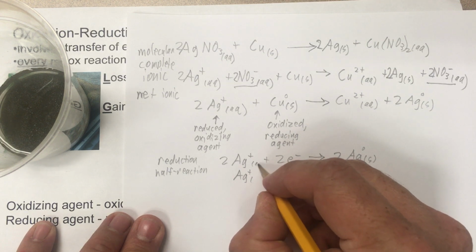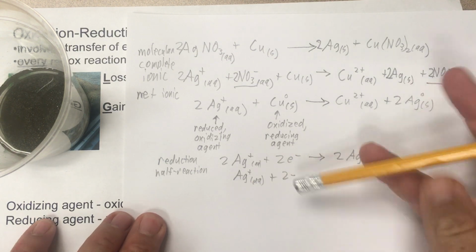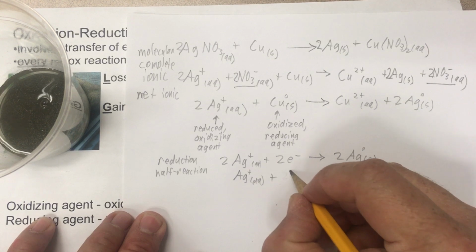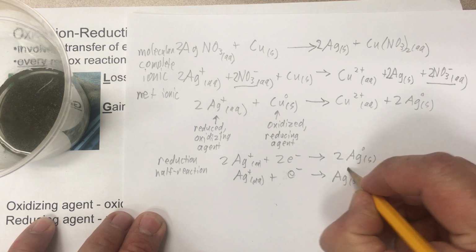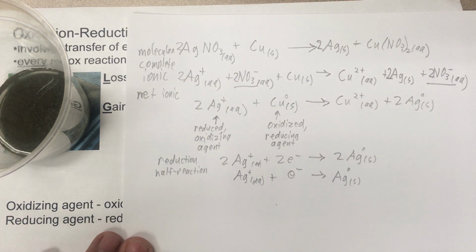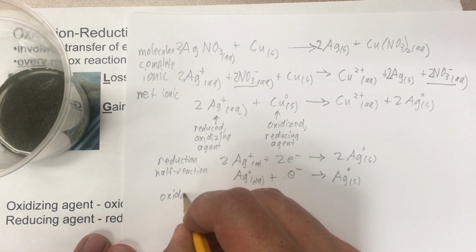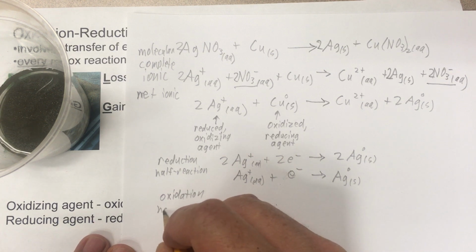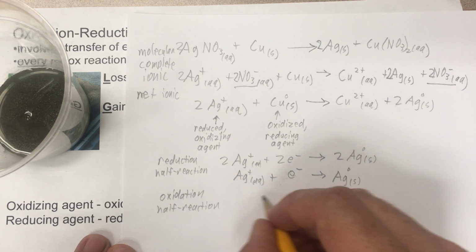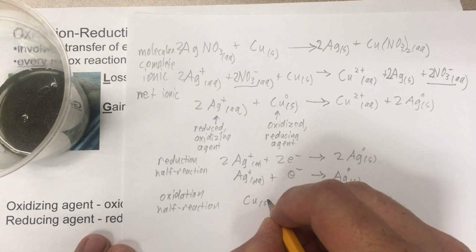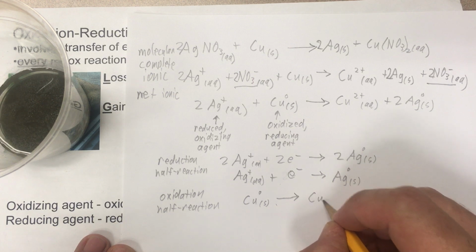Now I can divide through everything by 2, and so I could simply write silver cations plus 1 electron go to produce a solid silver metal atom. Okay, I can also write an oxidation half reaction where I go from solid copper 0 to copper 2 plus.